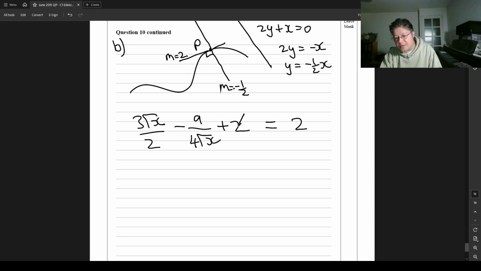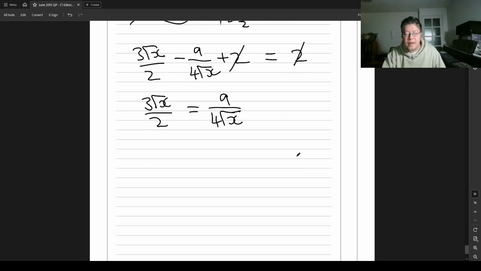So the 2's will cancel, and we'll add this term to the other side. So 3 root x over 2 should equal 9 over 4 root x. And we can solve this by cross multiplying, multiply that there and the 2 over here.